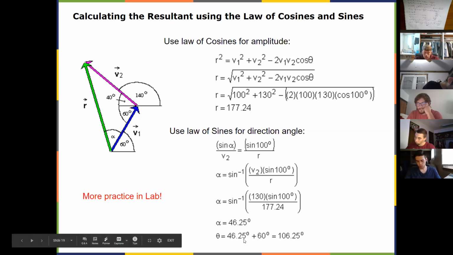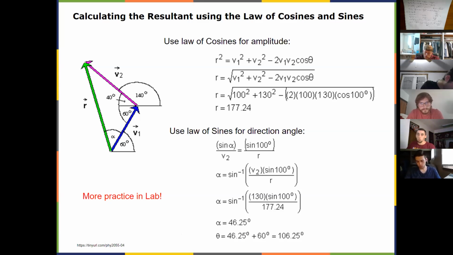Okay, so 46.25 plus 60 will be the directional angle for r. Okay, so 106.25 degrees. So either way, you can do the components method or you can use law of sines and cosines. Whichever you feel most comfortable doing, it should get you the correct answers for the magnitude and directional angle of the resultant. Okay.